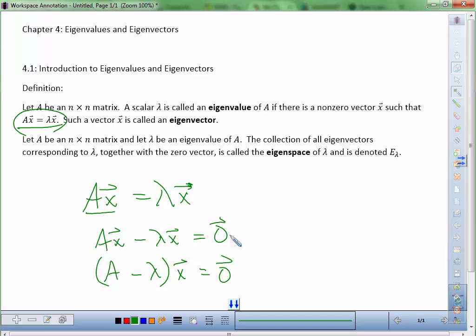What's wrong with this equation if I try to factor out an x? You have a matrix and a scalar, and you can't do subtraction with a matrix and a scalar.